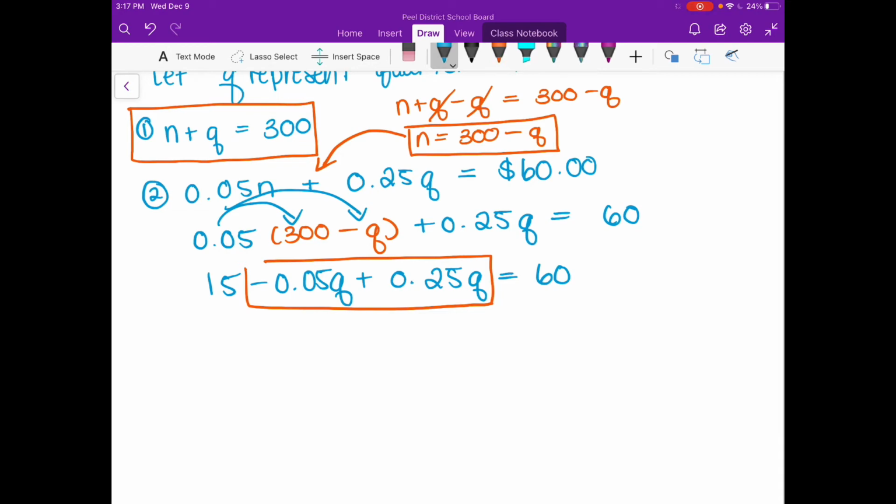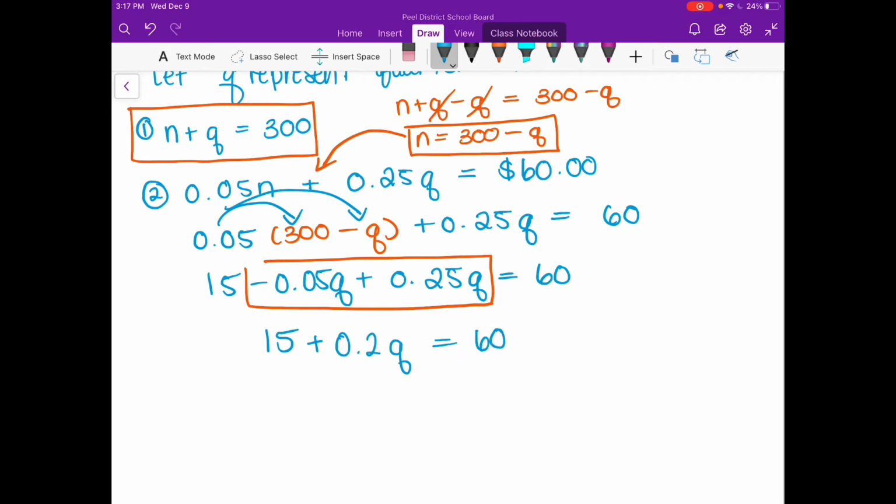So I can just add those together. So I'm going to do negative 0.05 plus 0.25, and that's going to give me 0.2q. And then I'm going to have plus 15 is equal to 60.